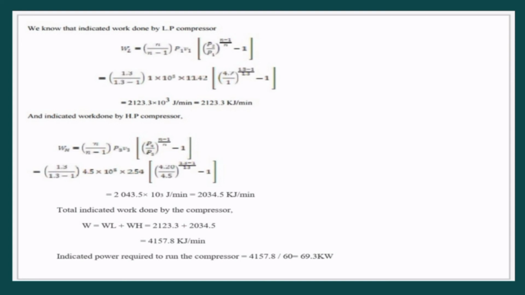And for the indicated work done by the HP compressor, or high pressure compressor, WH is equal to n over n minus 1 times P3 times V3 times the parenthesis of P4 over P3 raised to n minus 1 over n, minus 1.